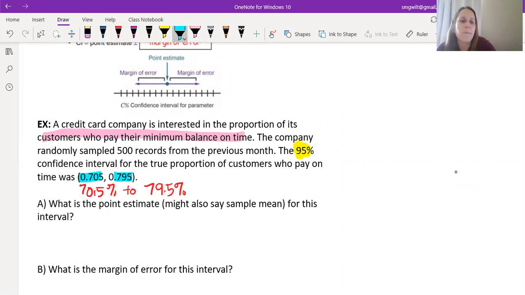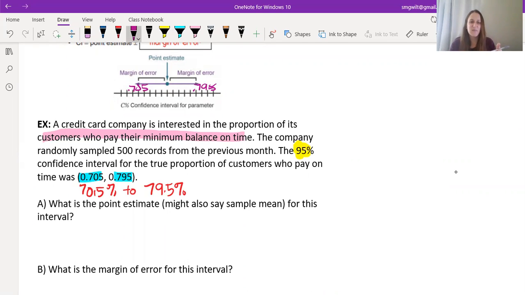So if I'm thinking about this, these values are here. 0.705 and 0.795. So that's the beginning and the end of my confidence interval.